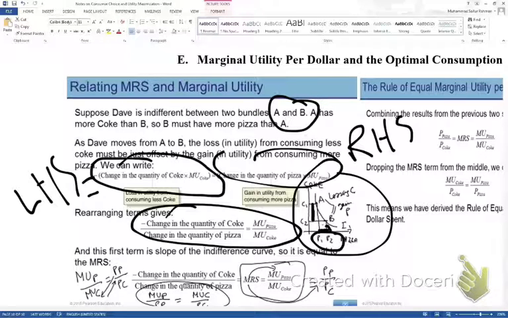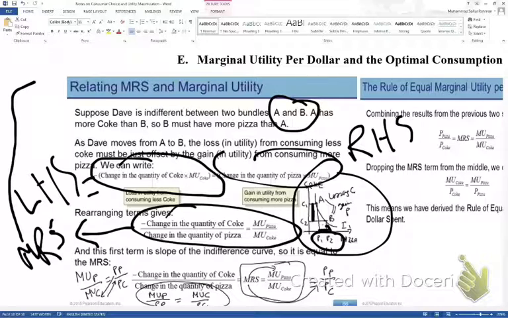Okay, so when you look at the first term, you notice that this is nothing but the marginal rate of substitution, right? This is the slope of the indifference curve, and the right hand side is the ratio of the marginal utilities of pizza and Coke. So what is the marginal rate of substitution? It is the slope of the indifference curve.